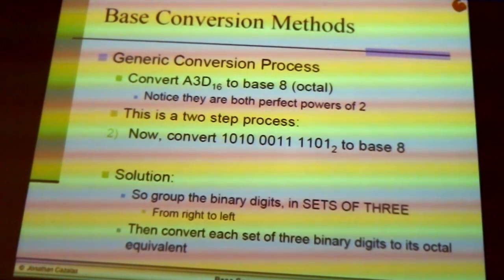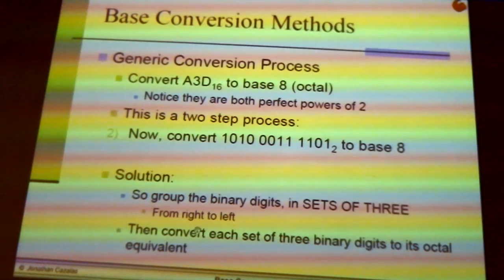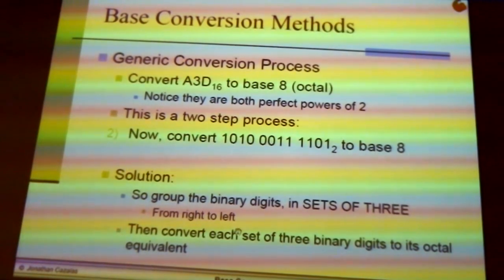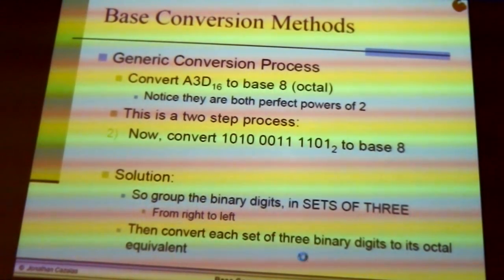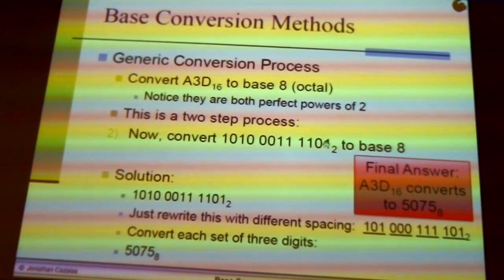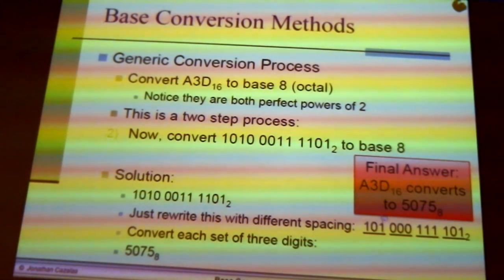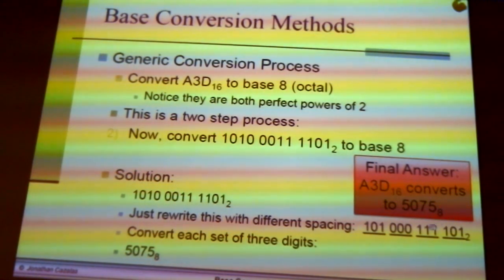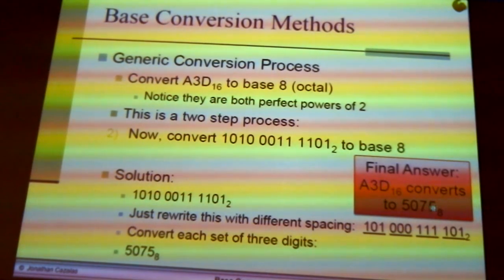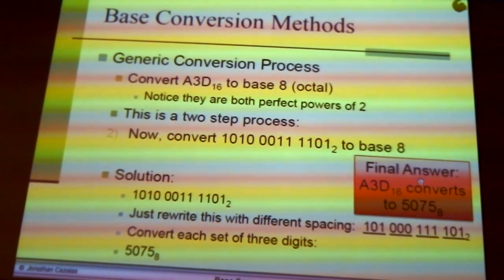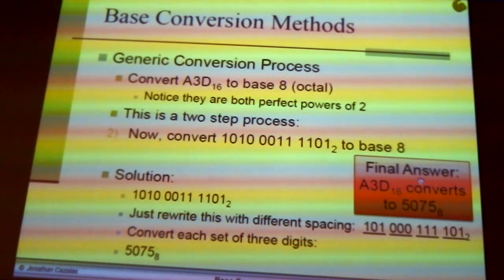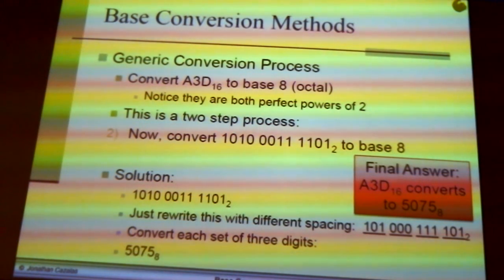So we group them in sets of 3 from right to left. Instead of a block of 4, we have a block of 3, and then we convert that to octal, and that's how we can convert hex to octal. Binary is the stepping stone.